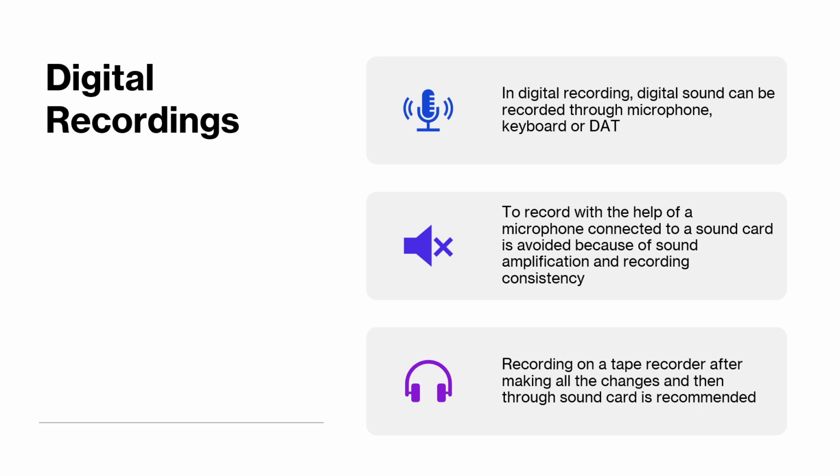The first is to record through the microphone, which is connected to the sound card, which is not the best. The second is to record on a tape recorder after making all the changes and put it on the sound card. This is the best of options, mainly because you're going to get a very high quality of sound.